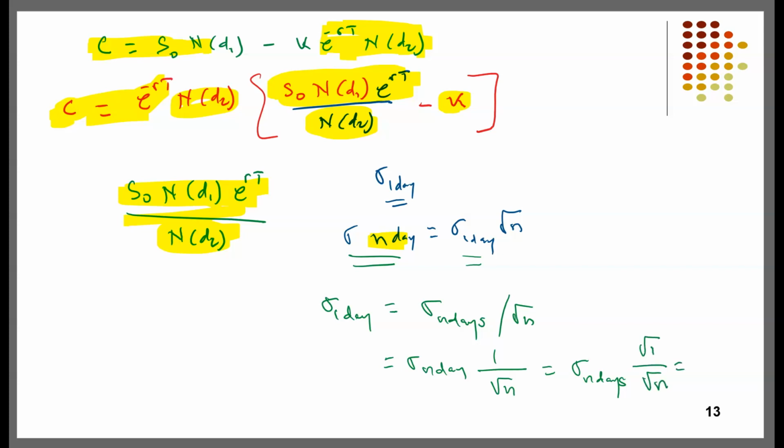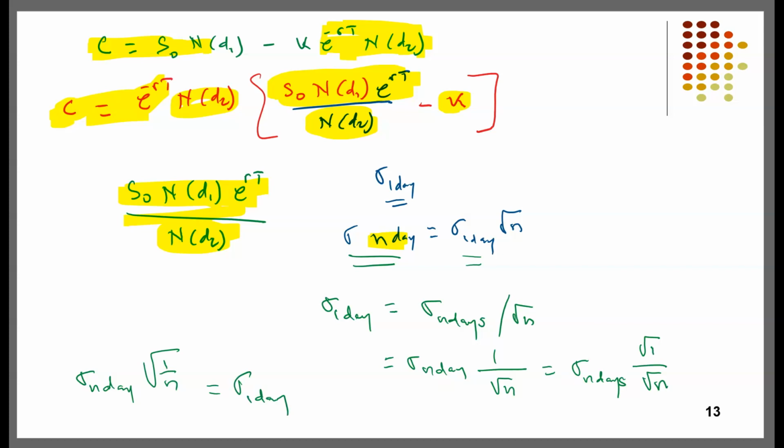You should write that here: the n-day standard deviation multiplied by the square root of 1 over n. I think that's what your book used to find the standard deviation for the 1 day.